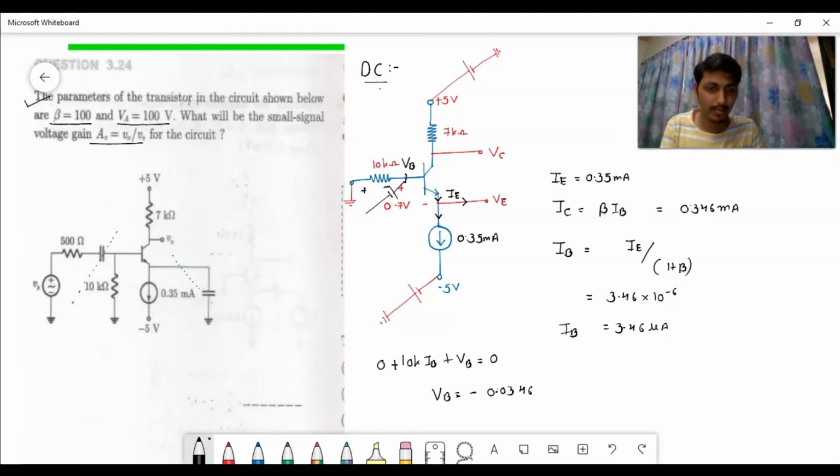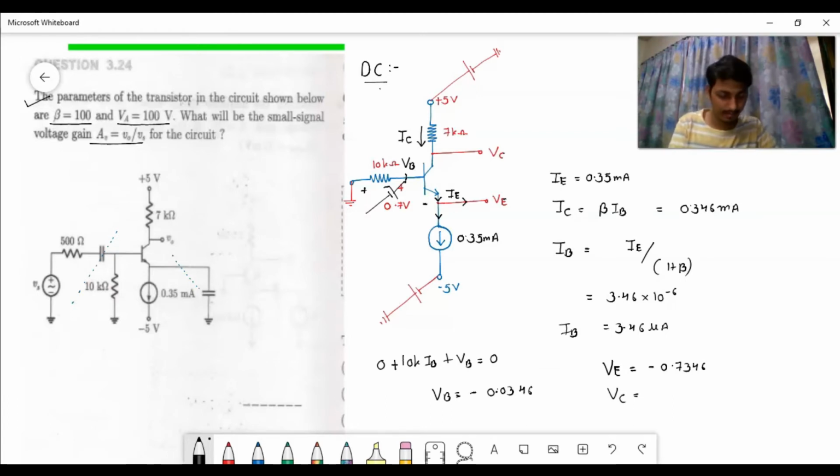And VE is nothing but minus 0.7 here, so it comes out to be minus 0.7346.